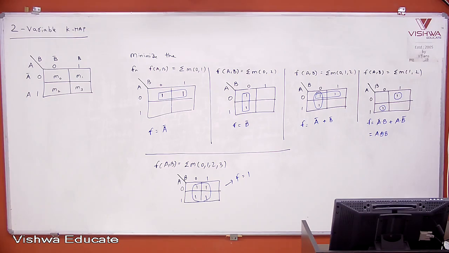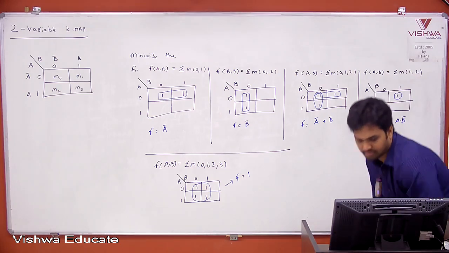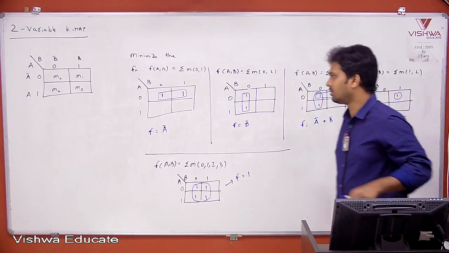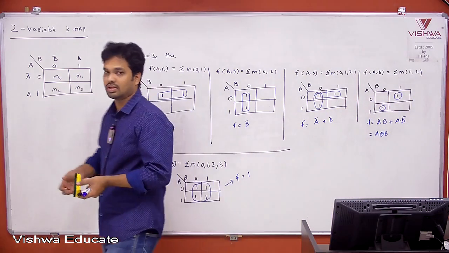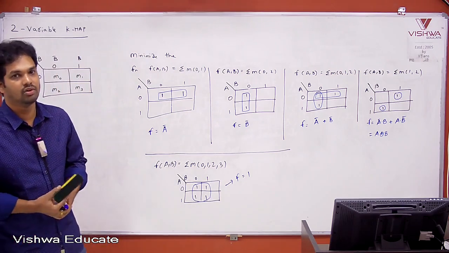Okay. That is about the basic two variable K-map. For understanding purposes, we can use this. Next, let us see the three variable K-map.